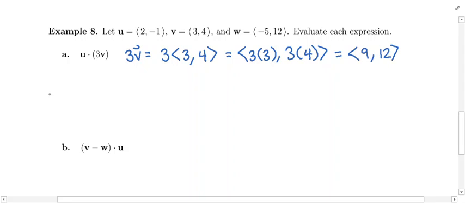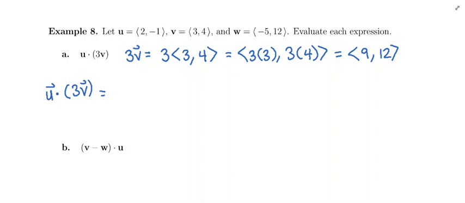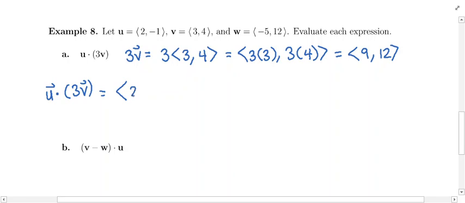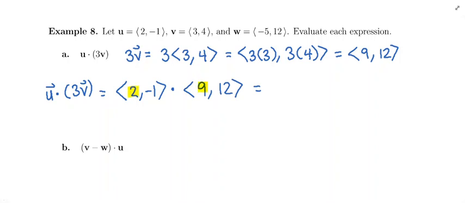Now we need to do u dot 3v. I'm going to write down the vector u. The vector u is 2, -1. I need to dot that with my result 3v, which is 9, 12. So here we go. I'm going to take the horizontal components and multiply those together.